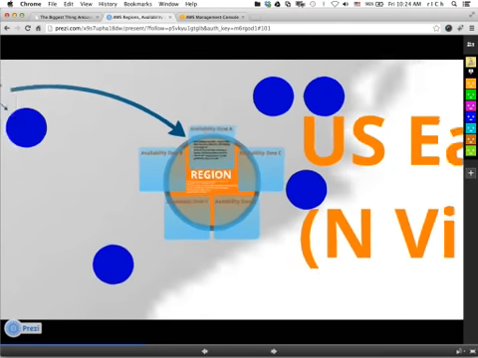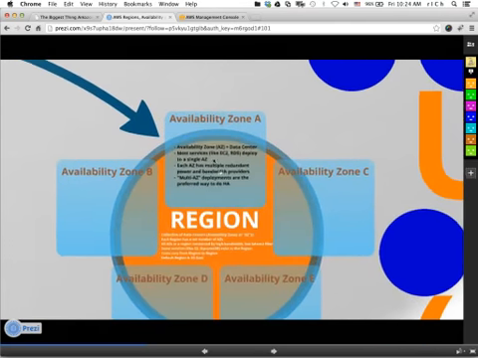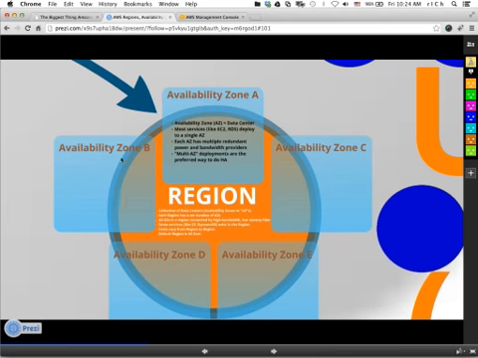One more quick point on that. Here you see that we've got AZ A, B, C, D, and E. These are constructs that Amazon lays over on a per customer basis. So if I come in and start using Amazon, it may assign me AZ A to be, who knows, a data center in, let's say, Philadelphia.